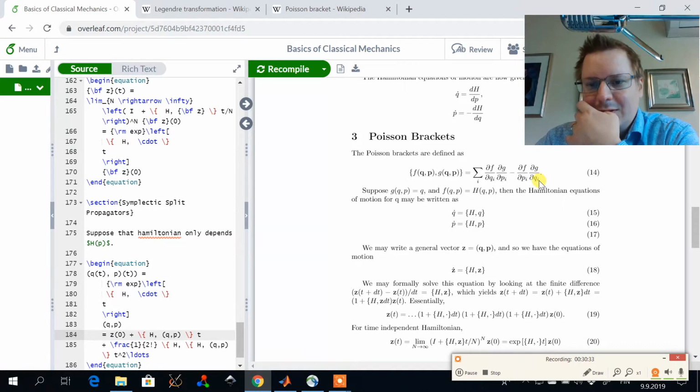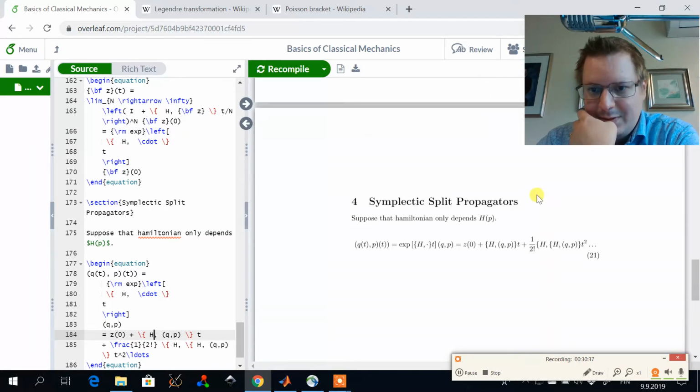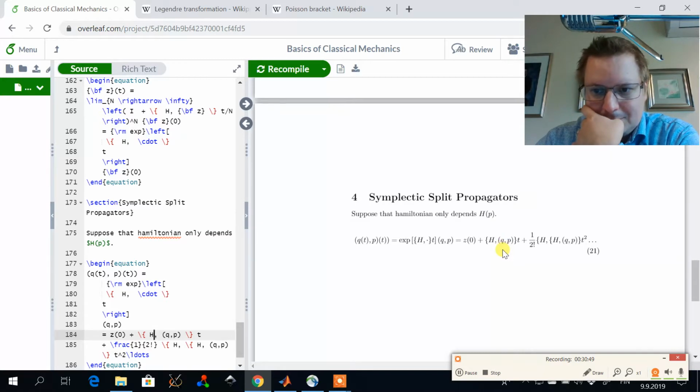So the other function will be differentiated with respect to q. It means that it only will affect the term q here. And essentially, if you do it twice, this will be 0.